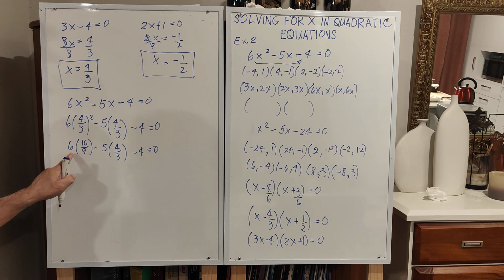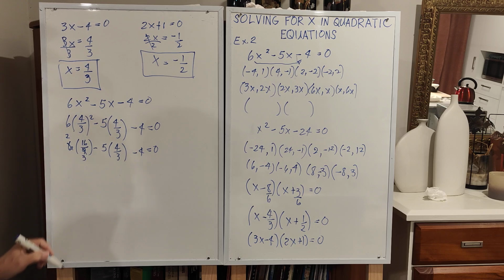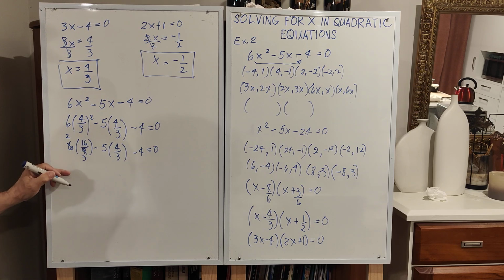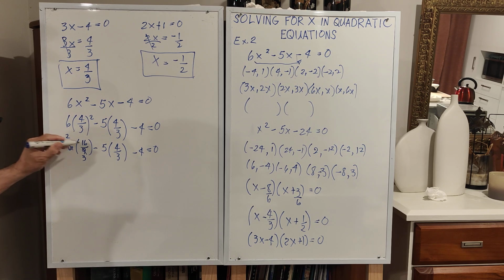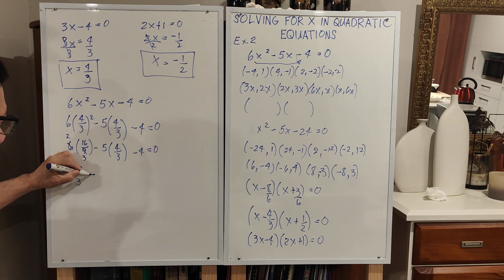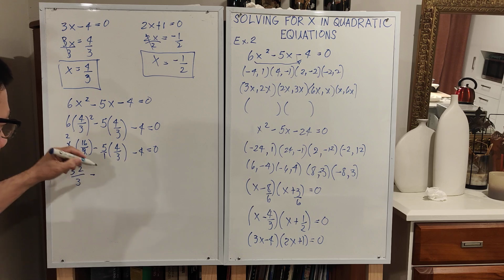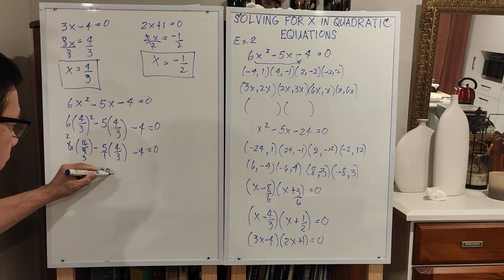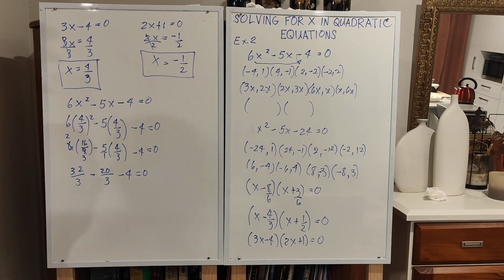So in here, we can cancel out these two numbers. Divided by 3. So this becomes 2, this becomes 3. So this becomes 2 times 16 is 32 over 3. So we multiply these two fractions. So 5 times 4 is 20 over 3 minus 4 is equal to 0.